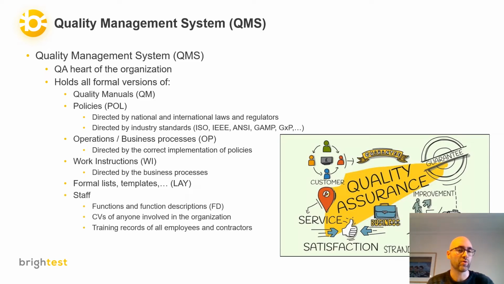So the framework is managed by the QA department, but all of these templates and structures are managed in the QA and the QMS system. Furthermore, there's also special attention for the staff information, because we have to make sure that everyone in the organization knows what to do and how to do their job. So everyone has a function description that is formally outlined in a document.